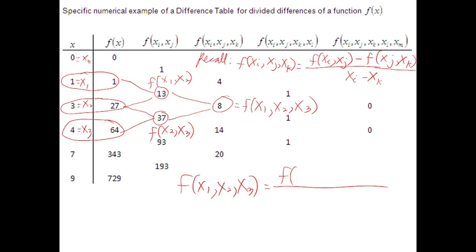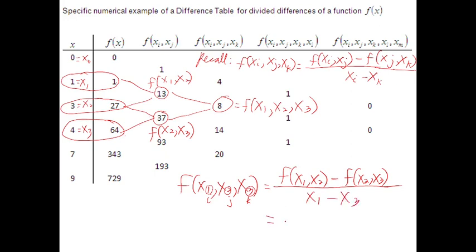We begin with i equals 1. So this is for i, this is for j, and this is for k. So we begin with x sub 1, x sub 2, followed by j, k, x sub 2, x sub 3, over x sub i, that is x sub 1, minus x sub k, x sub 3.